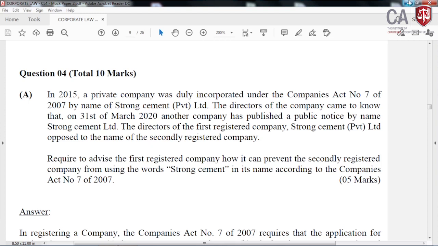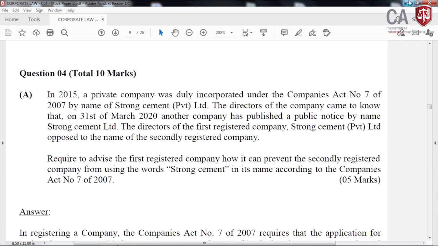So, it is up to you to decide the sequence. My advice is that you should select the sequence based on the confidence that you have with regard to the questions that you get in your question paper.